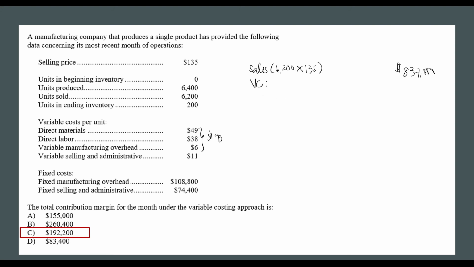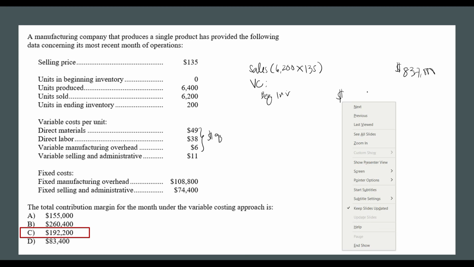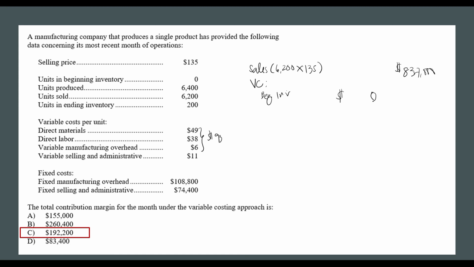Your variable cost, so we have here your cost of goods sold. Do you have any beginning inventory in this case? We don't have, so it's 0. How about cost of goods manufactured? We have.